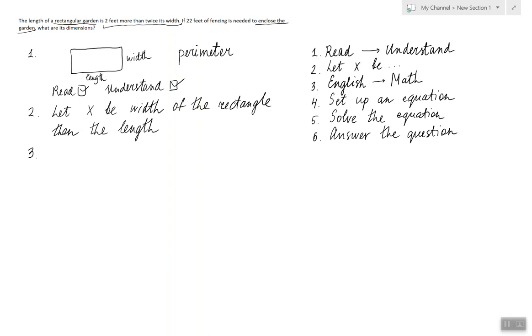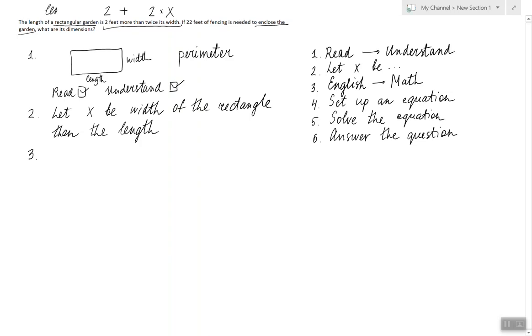Well, 2 feet more than twice its width literally means 2 more than twice its width, but we denoted width with variable x. So that sentence literally translates into the length being equal to 2 plus 2x.